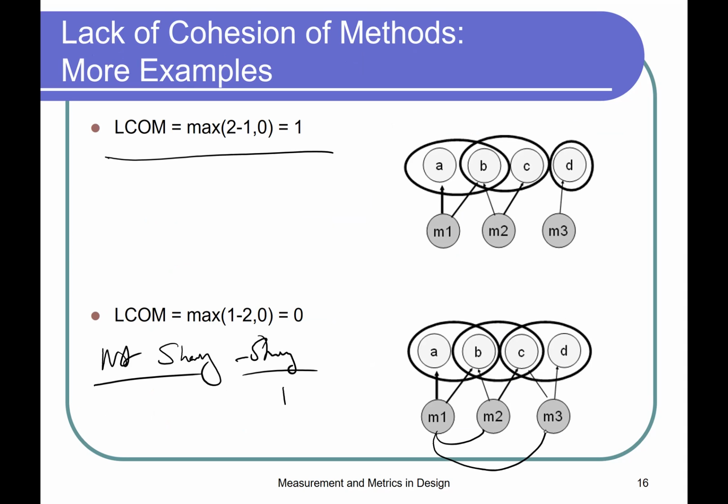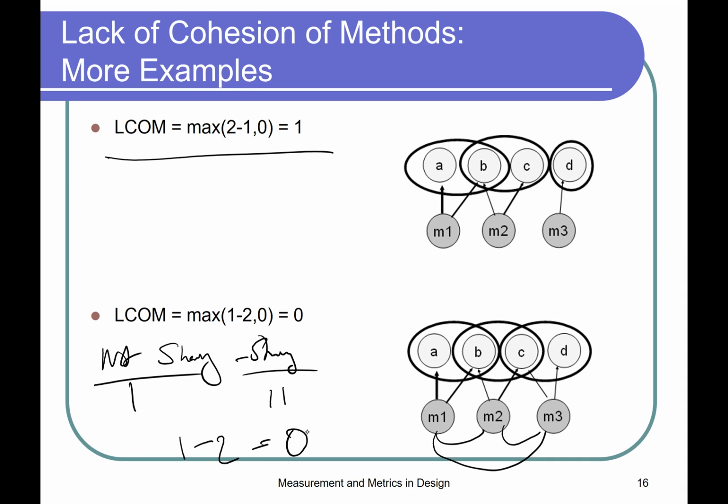M1 and M3, they'll be not sharing. Finally, M2 and M3, they're sharing. So it's a 1 minus a 2. But this should be -1, and for a minimum of 0, I will say that the LCOM is 0.